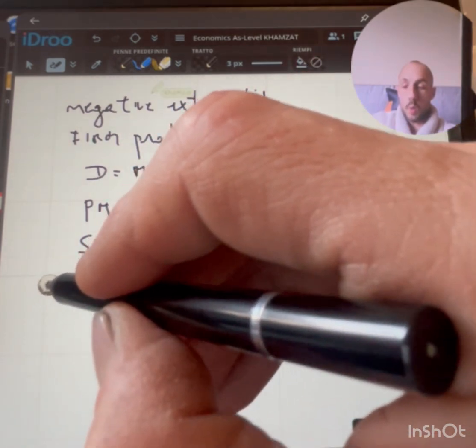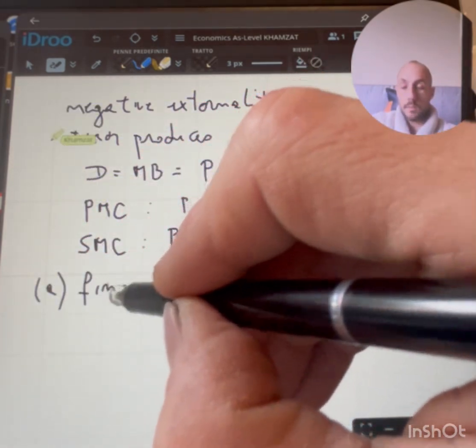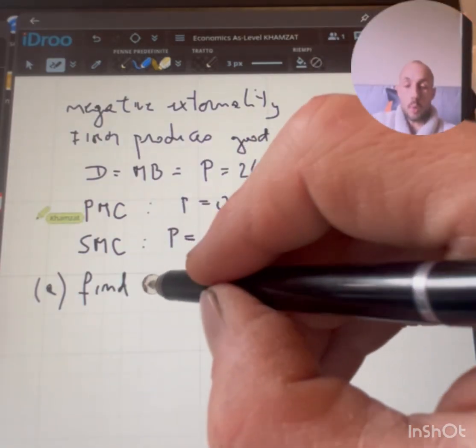Question 1, well, A: find the equilibrium quantity and price.